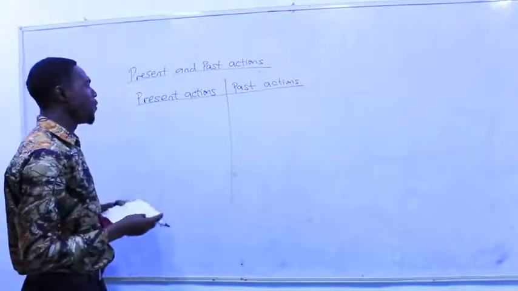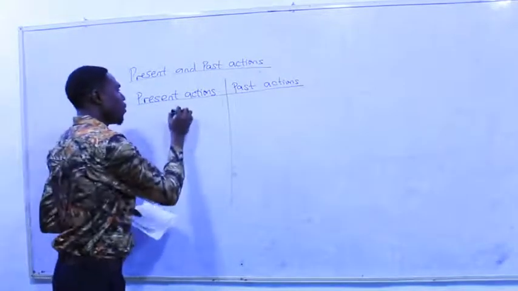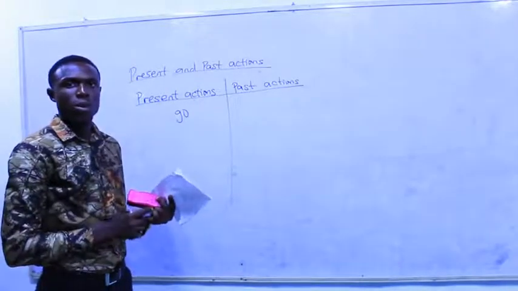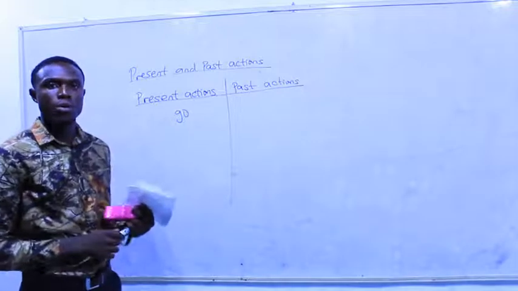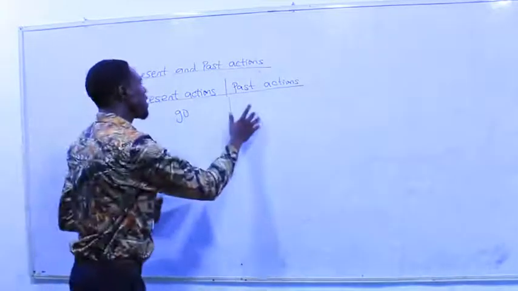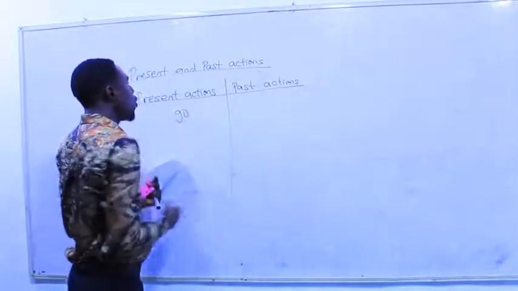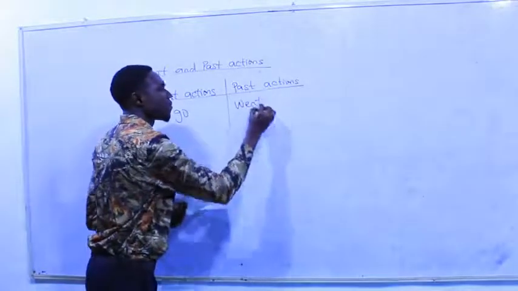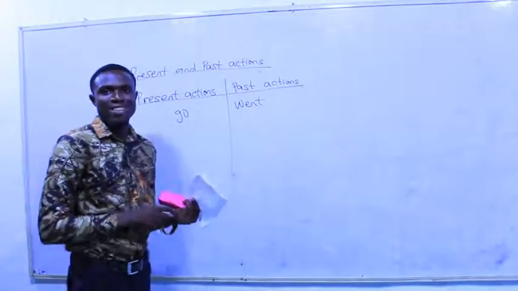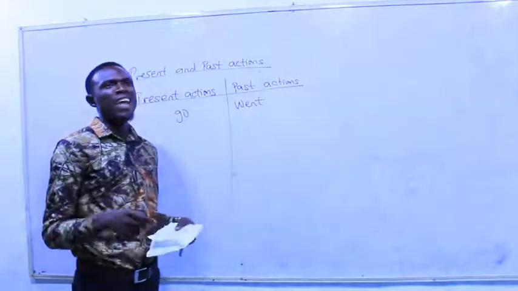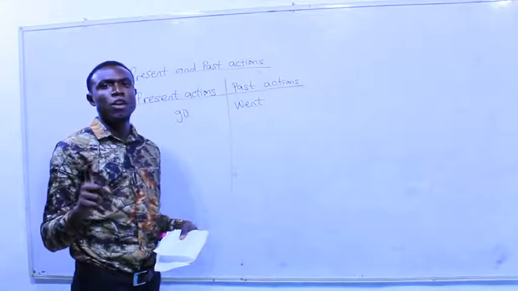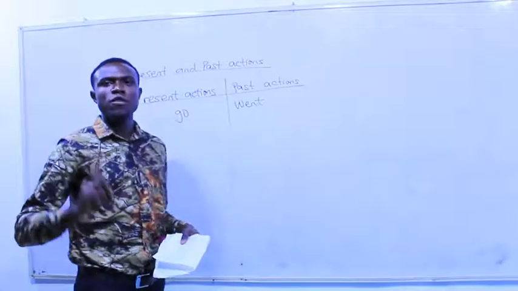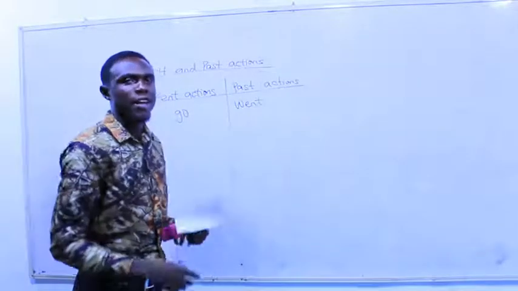Like example, we have go. The past action of go is what? Went. So you don't say, I go to market yesterday. No. You say, I went to market yesterday.